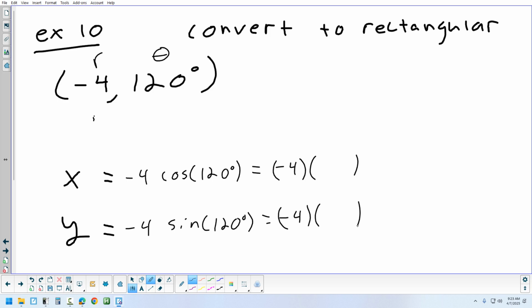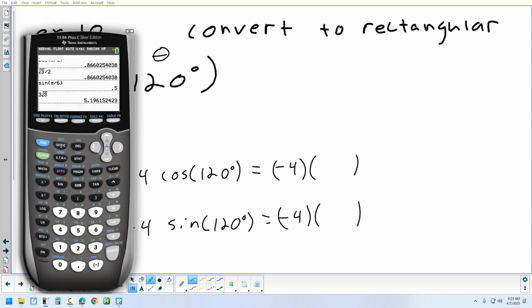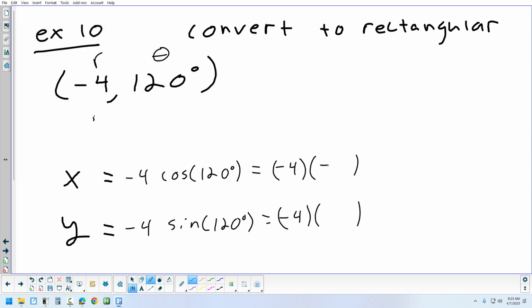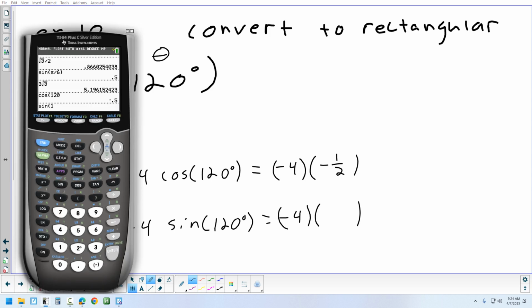So let's see what cosine of 120 is. So first, change your mode back to degrees. Cosine 120 gives me negative a half. So this is the one that comes out to a nice number. Okay, let's do sine 120.